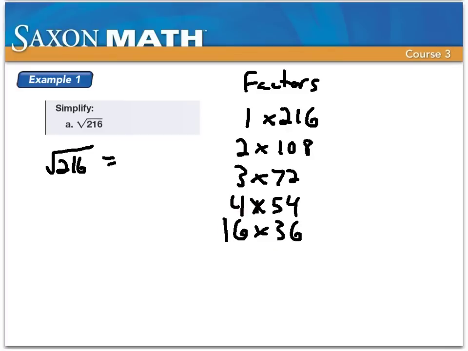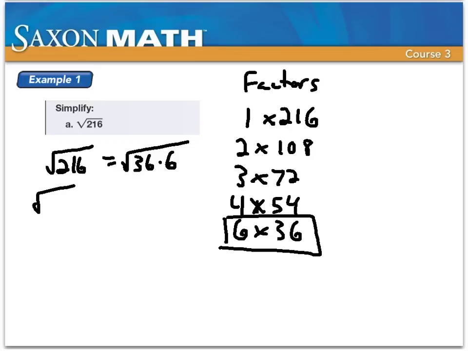I'm going to take this, and I'm going to break the square root of 216 into the square root of 36 times 6. Okay, because now I've got a perfect square factor right here.